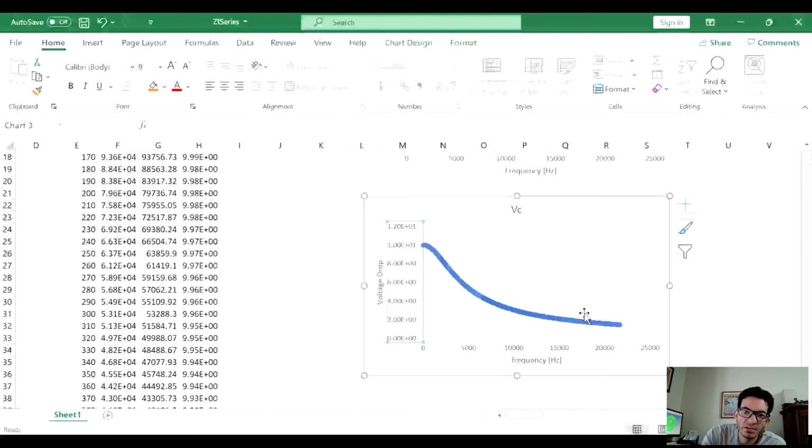And since we have a 5,000 ohm resistor and a 10 volt source, the current is going to be around 2 milliamps. So basically, the point here is that you're going to have a larger voltage drop at a higher frequency.